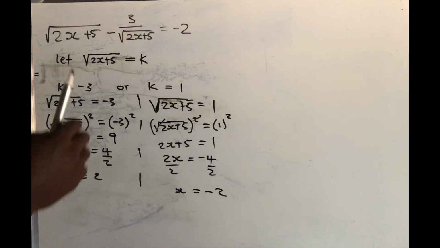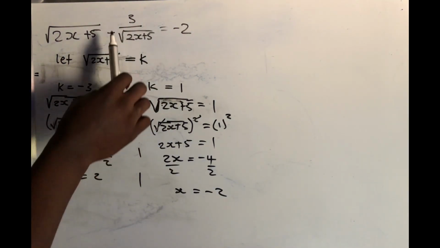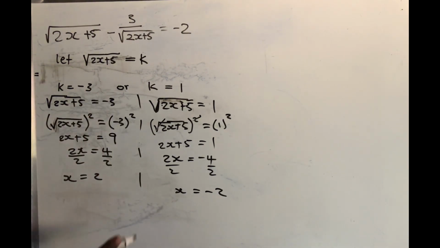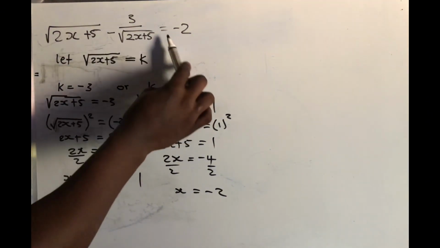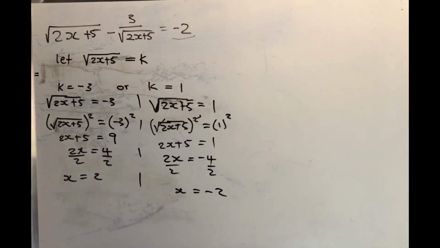Always when you have root signs in your equation, you have to validate your answers to check if they are correct. In this case, if you take 2 and put it where there's x, you substitute 2, you don't get negative 2, but you get a positive 2.